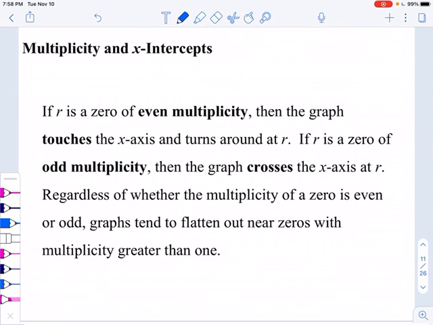It says if r is a 0 of even multiplicity, then the graph touches the x-axis and turns around at that value r. Even multiplicity, meaning 2, 4, 6, 8, etc. If I end up with multiples of those x-intercepts, then we're going to touch the x-axis.